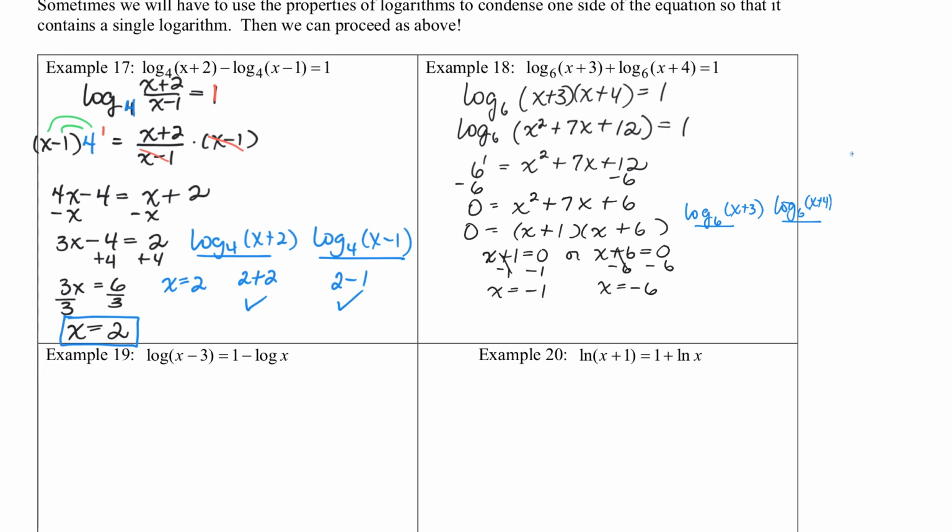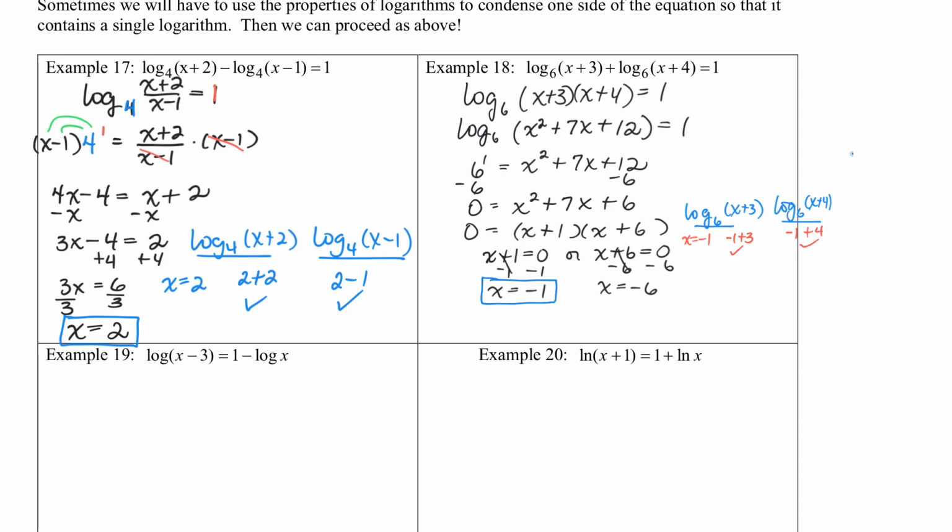So first I'm going to go ahead and check x equals negative 1. And remember, I'm checking to see if I plug in negative 1, will this stay positive? And so negative 1 plus 3 is 2, which is positive. And I have to check it in the other one as well. Negative 1 plus 4 is 3, which is positive. So x equals negative 1 is in fact a valid solution.